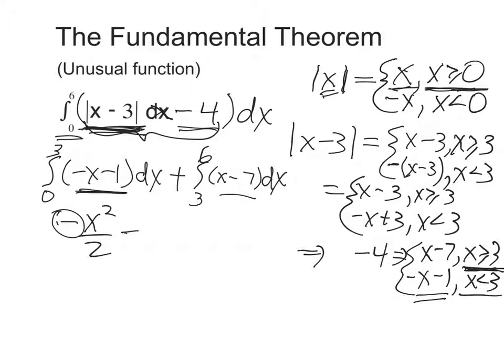And then antiderivative of 1, just x. Now, we again have to break this into the two different parts. This antiderivative goes from 0 to 3. And then the next antiderivative, using the fundamental theorem, will go from 3 to 6. This time we'll have a positive x squared over 2 minus 7x.